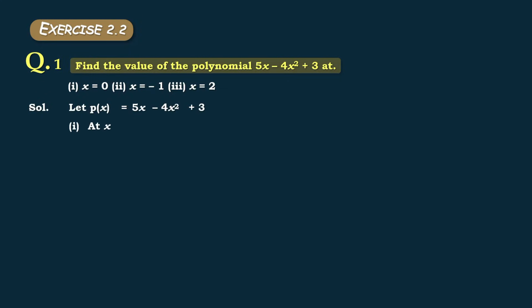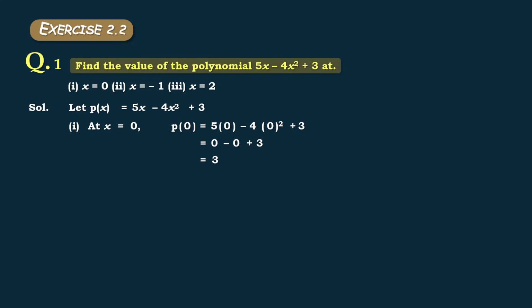So, p of 0 is equal to 5 multiplied by 0 minus 4 multiplied by 0 squared plus 3. 5 multiplied by 0 is 0. 0 squared is 0. 4 multiplied by 0 is 0. So we get 0 minus 0 plus 3. That is equal to 3.